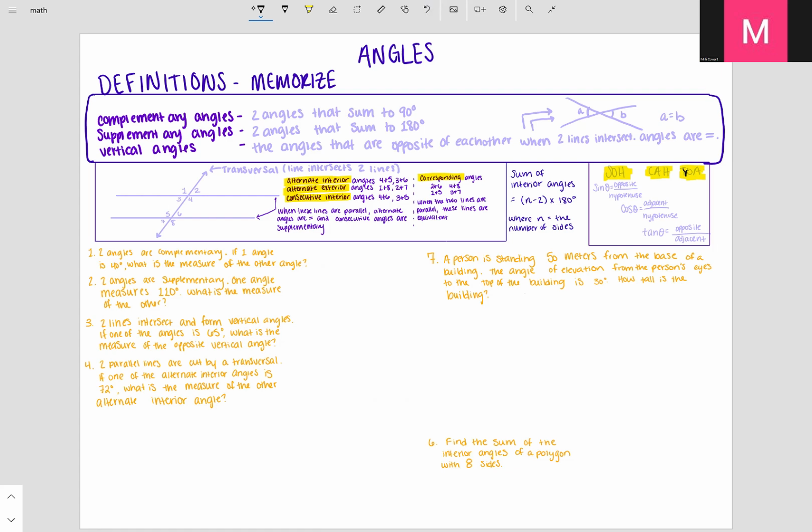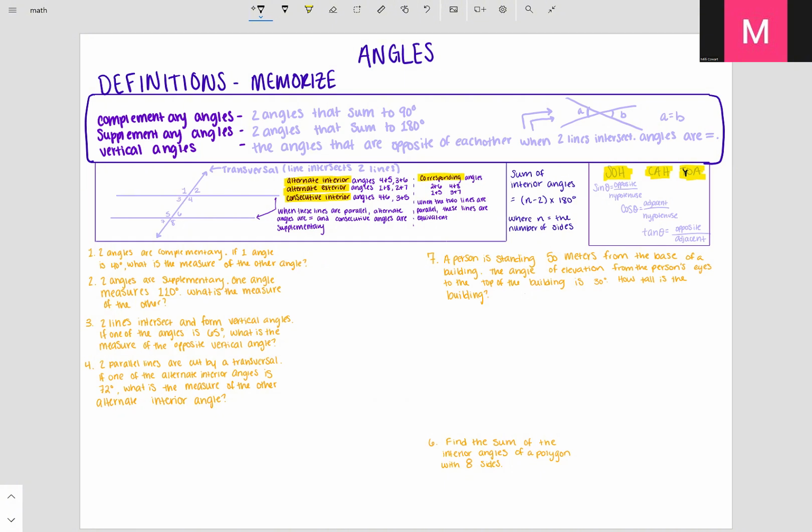Next, when we have two parallel lines and another line intersects them, it's called a transversal. These two lines don't have to be parallel, but for most of the questions on the PERT test, probably all, not just most, these two lines will be parallel.